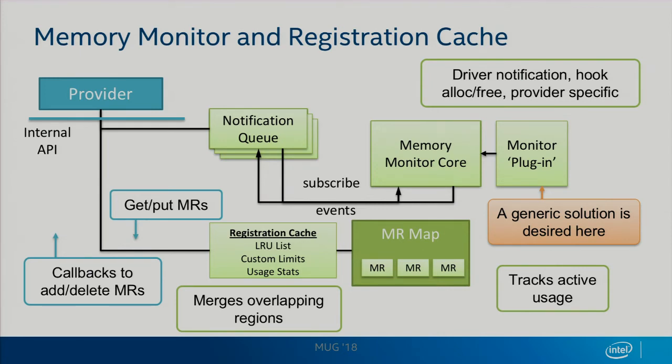One of the pain points of memory registration is that there is no generic solution to actually give you a notification if the page mapping is changed, and that's been a standard issue for many years, and so that continues to exist.